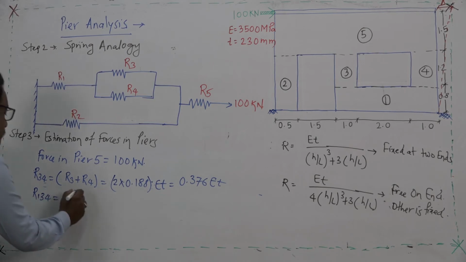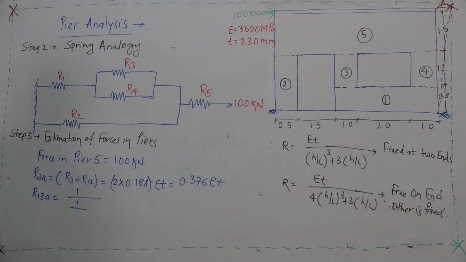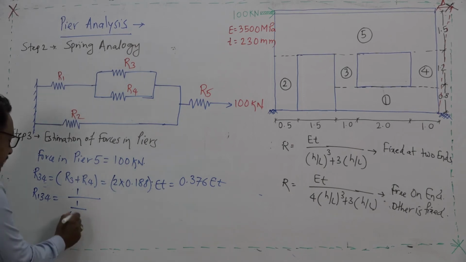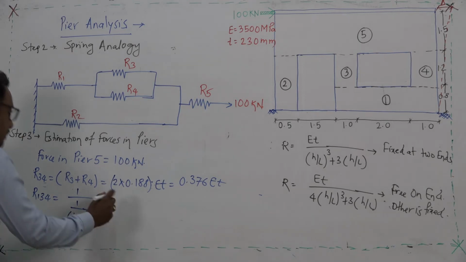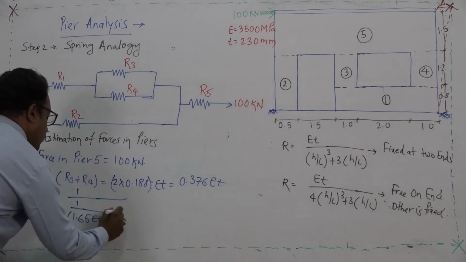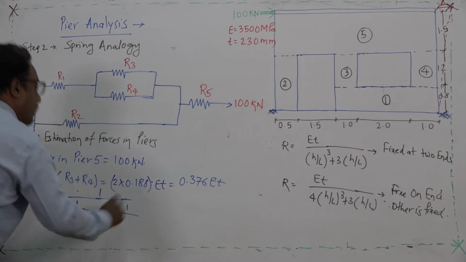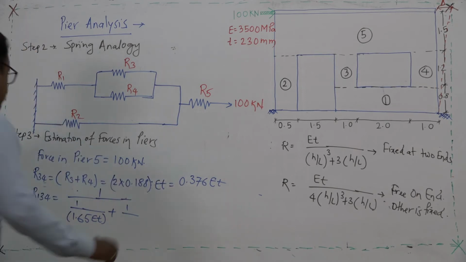For this we will use the formula: 1 divided by 1 upon R1. What is the value of R1? 1.65 ET, plus 1 divided by this R34, which is 0.376.